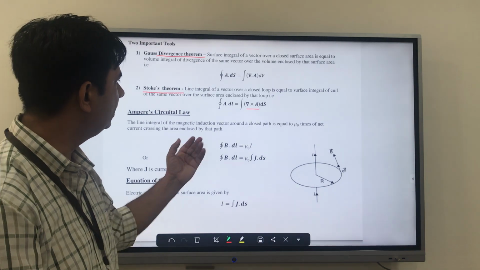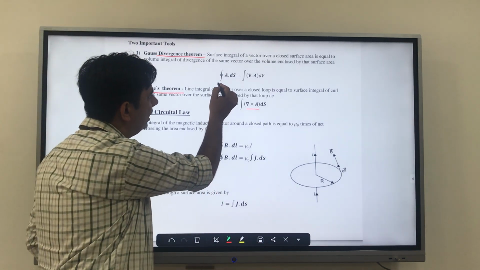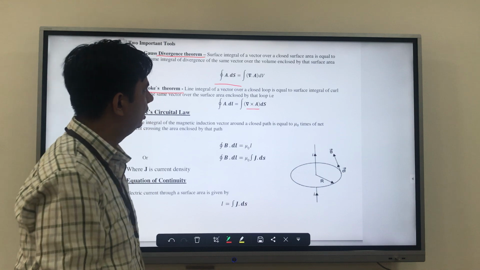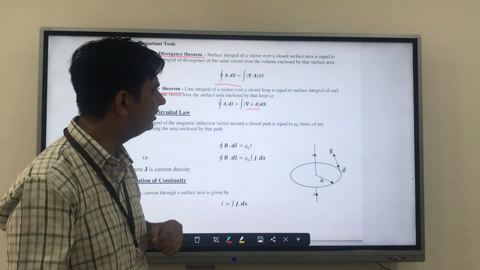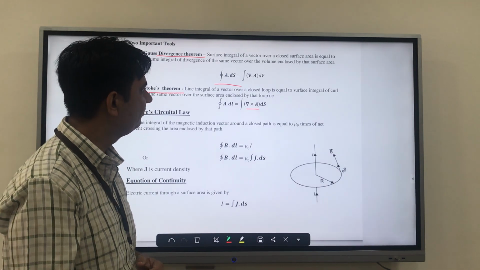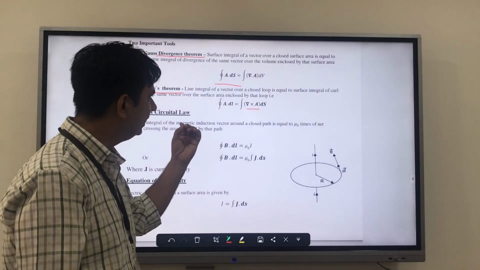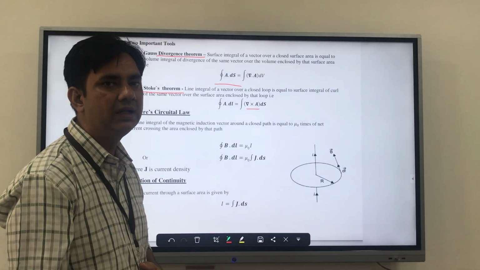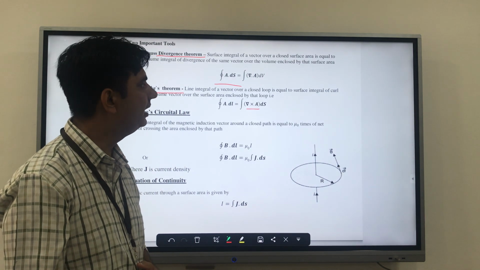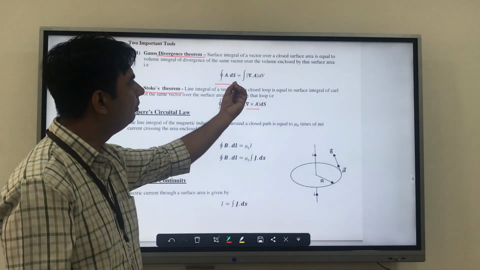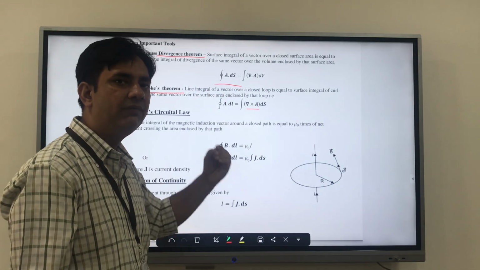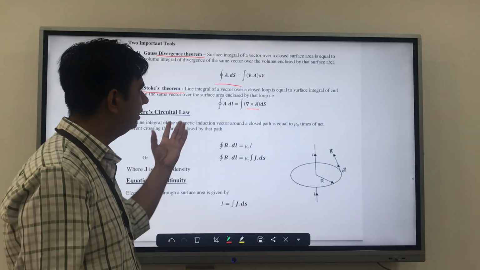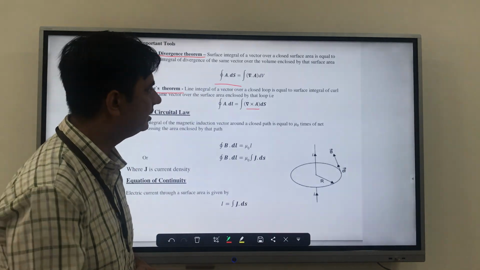So it says the closed integral of A dot ds, where A is a vector and ds is a closed surface, is equal to the volume integral of del dot A dv. That means if you take a dot product of del with a particular vector, then it gives the divergence theorem.